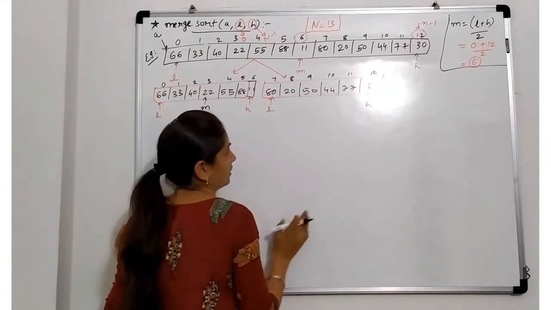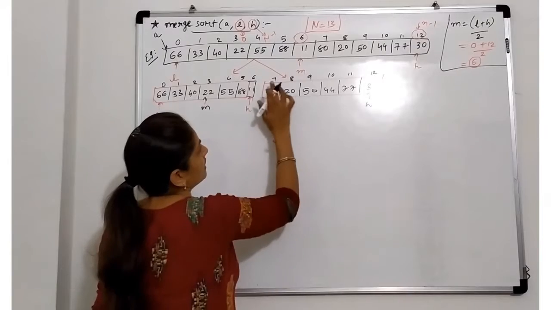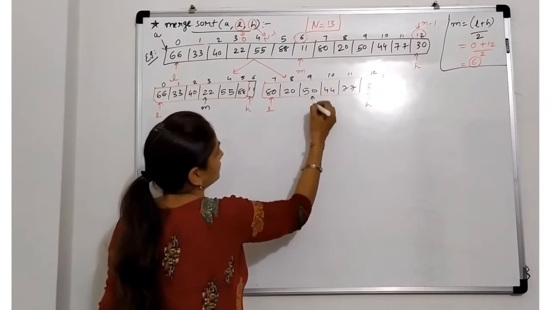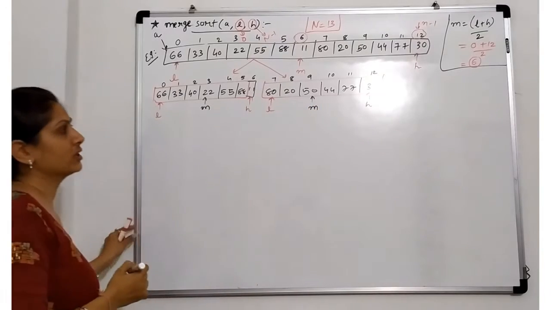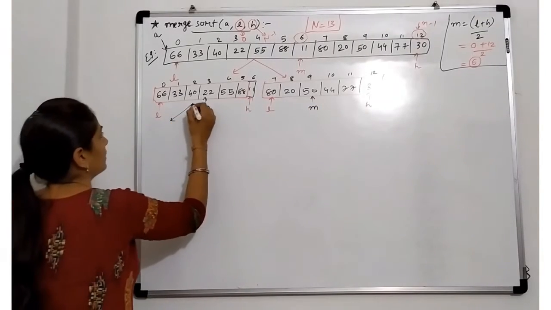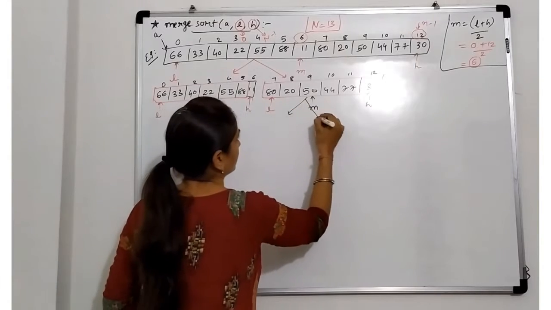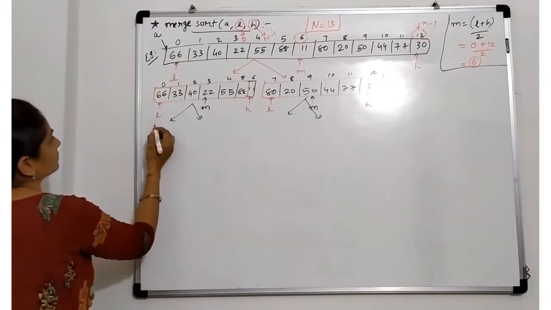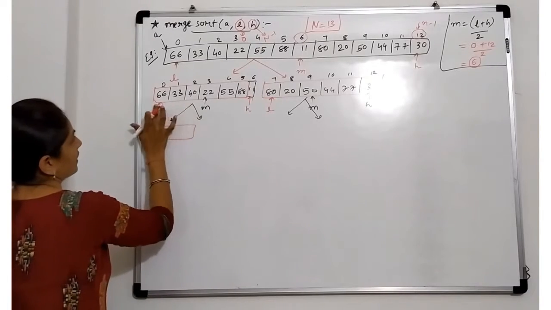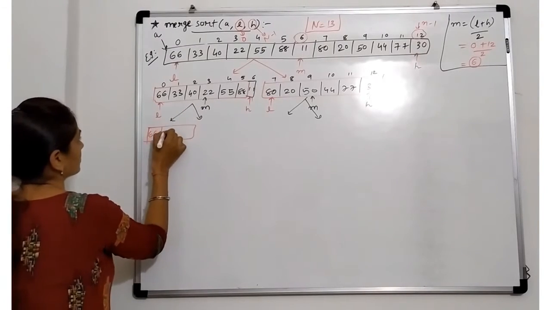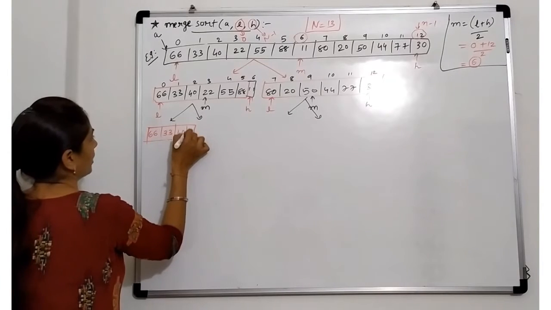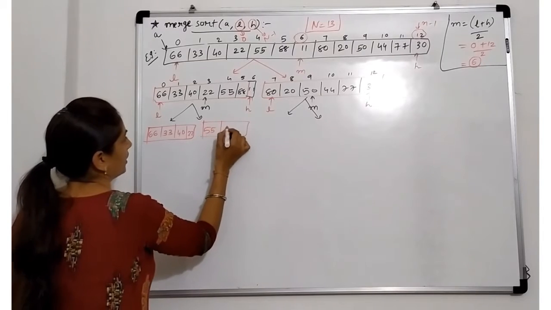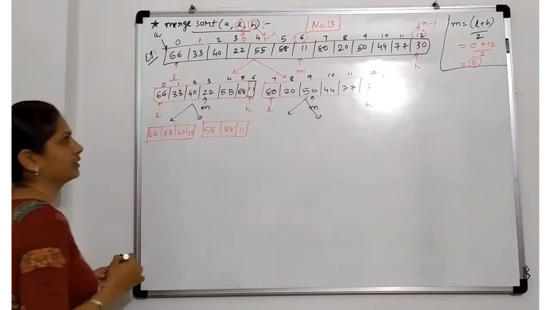Here 7 plus 12 is 19, divided by 2, so M is at position 9. Now divide the array again into two parts. The first part is L to M: 66, 33, 40, 22. The second part is 55, 88 and 11.